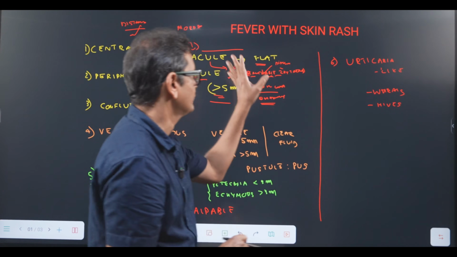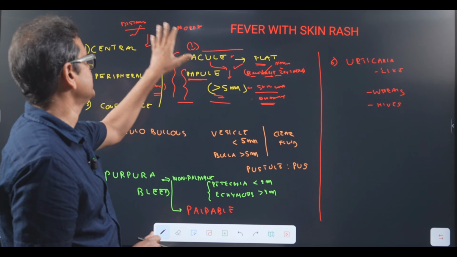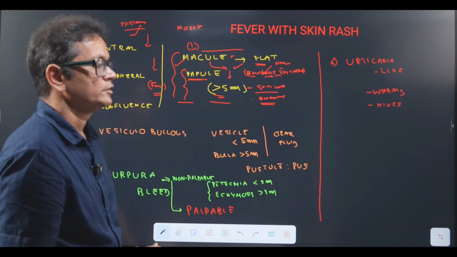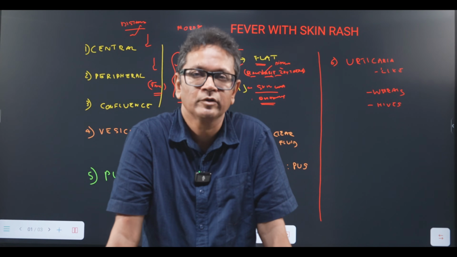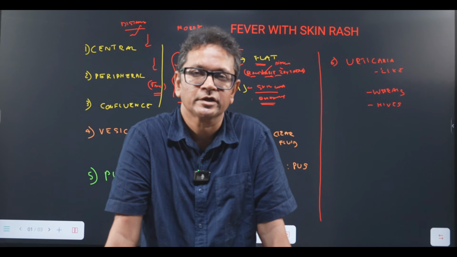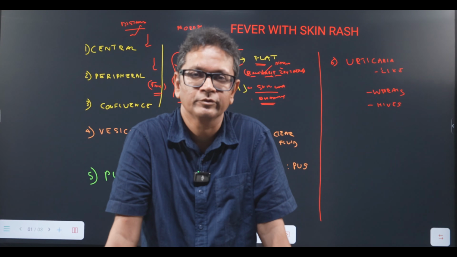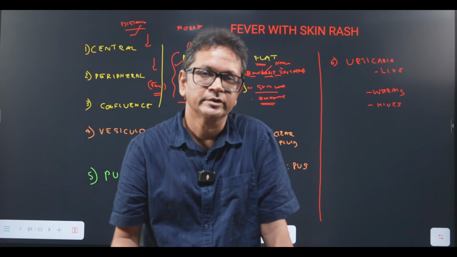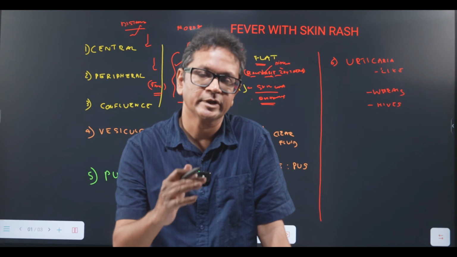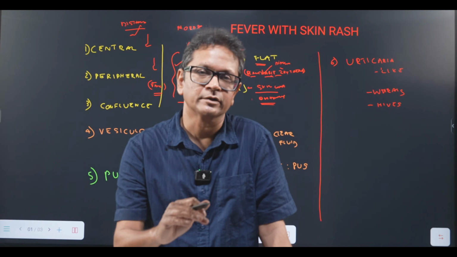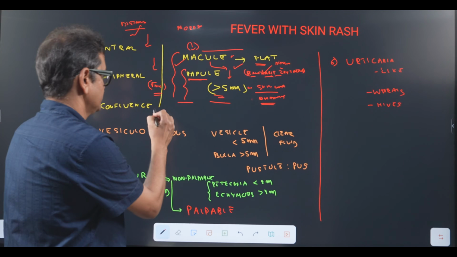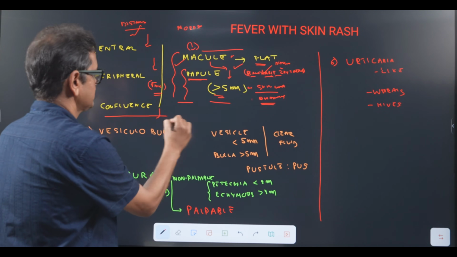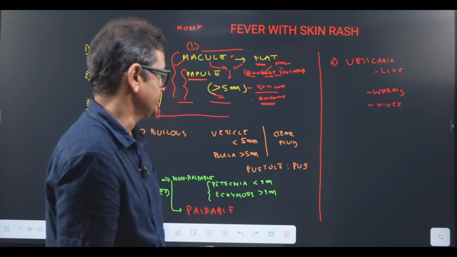So, these three are quite important: morphology, distribution and time course. For example, if a patient develops fever, you have to describe these are maculopapular lesions, centrally distributed, and over a period of 3 days if you are serially observing, they are progressing either from periphery to center, or more often from trunk towards limbs. So, the progress one has to describe.